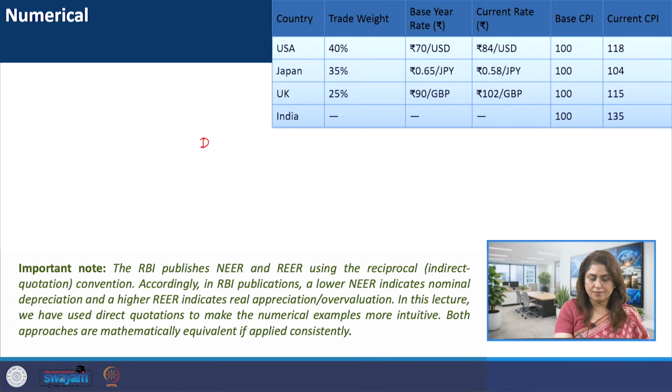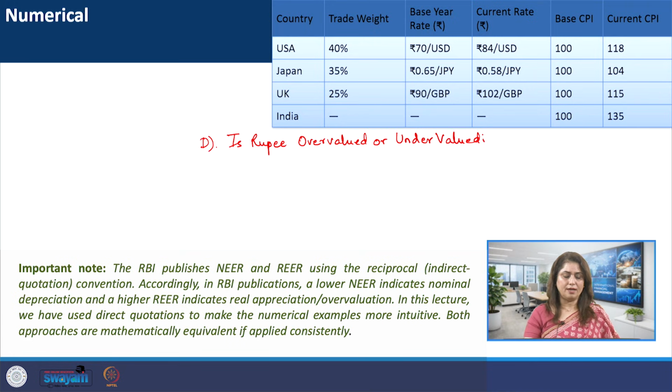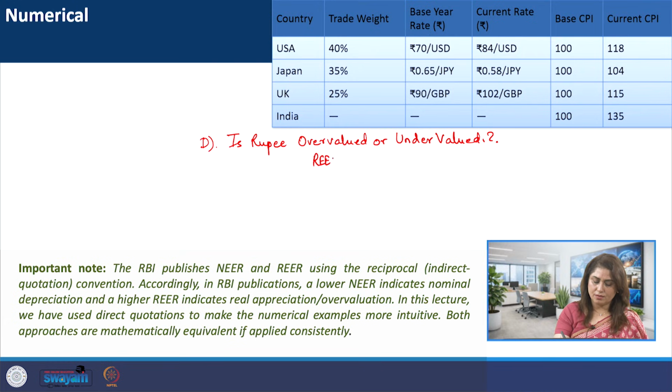The D part asks us, is the rupee overvalued or undervalued? Now we know that the REER value is equal to 128.72, which is greater than 100.